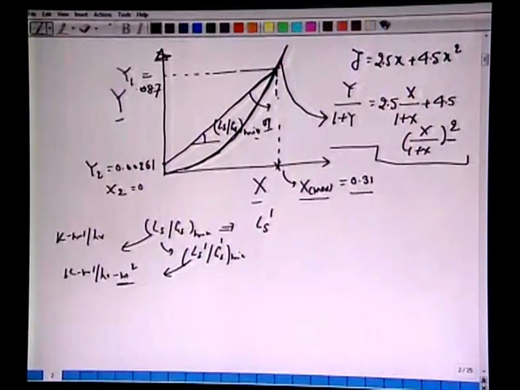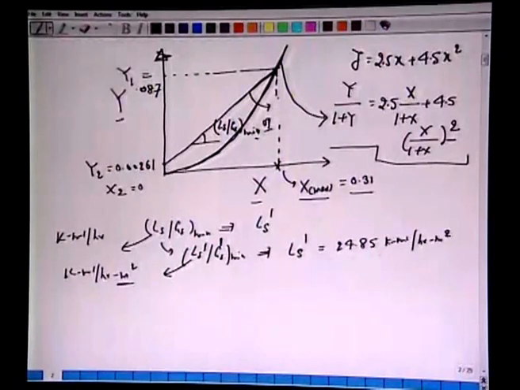So, we can write LS by GS as LS prime over GS prime. So, from here we can calculate LS prime as 24.85 kilomole per hour per meter square. So, this is the minimum solvent flow requirement corresponding to this minimum slope, all right.